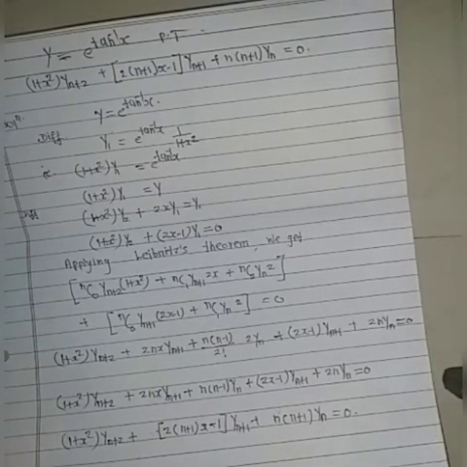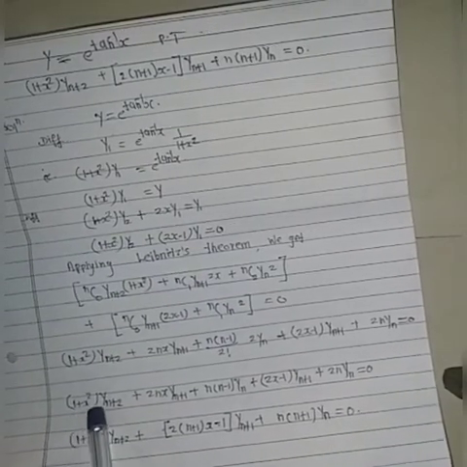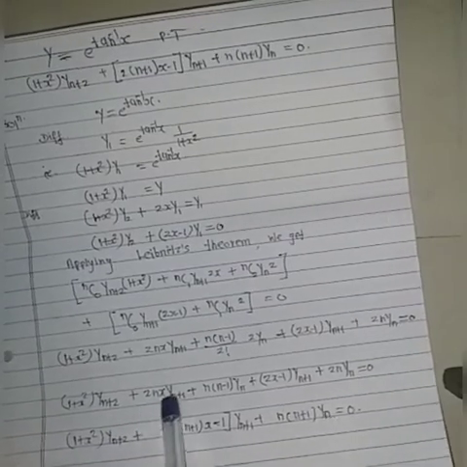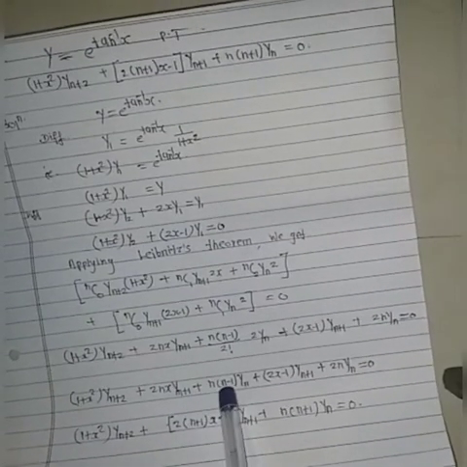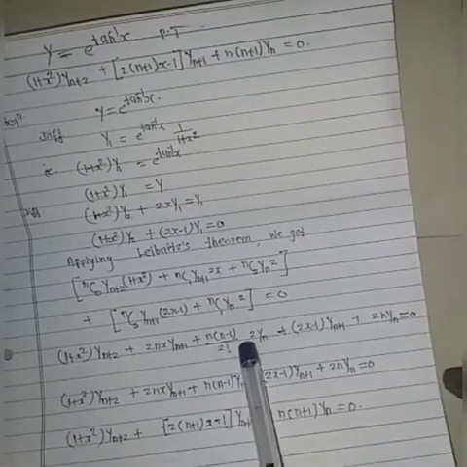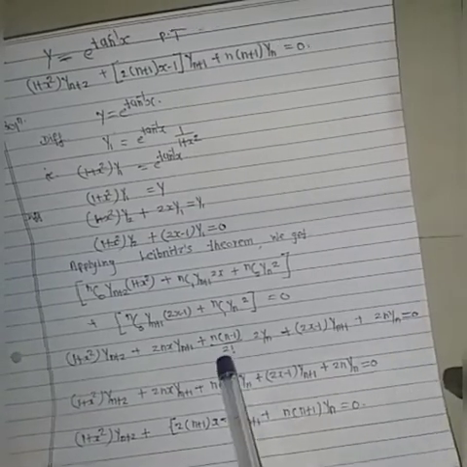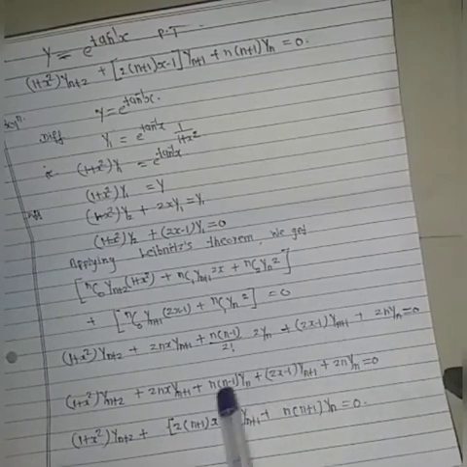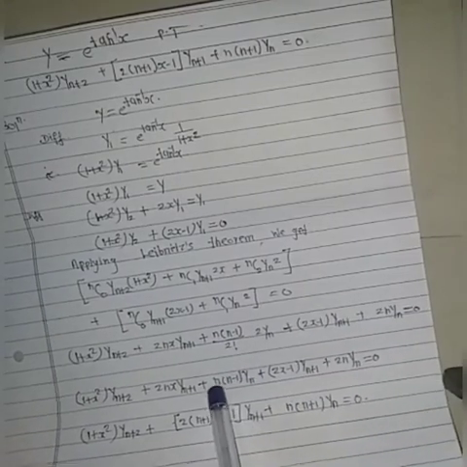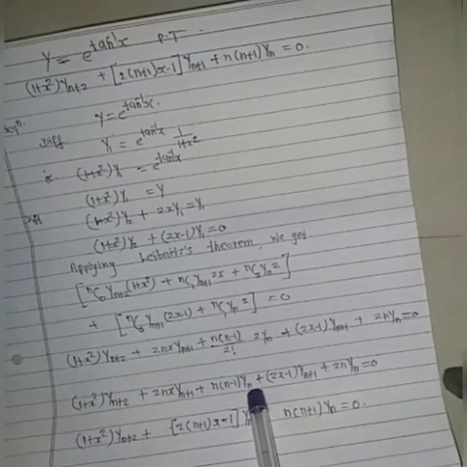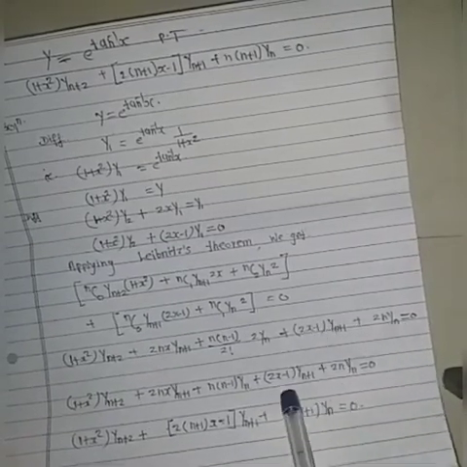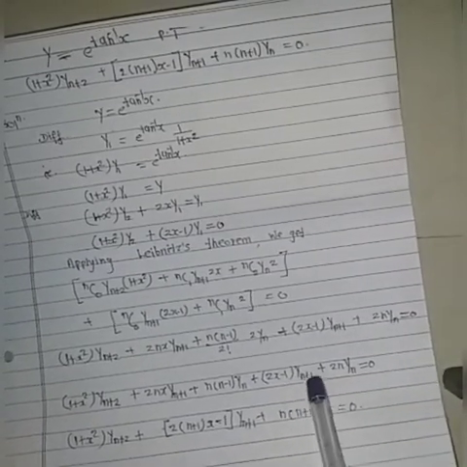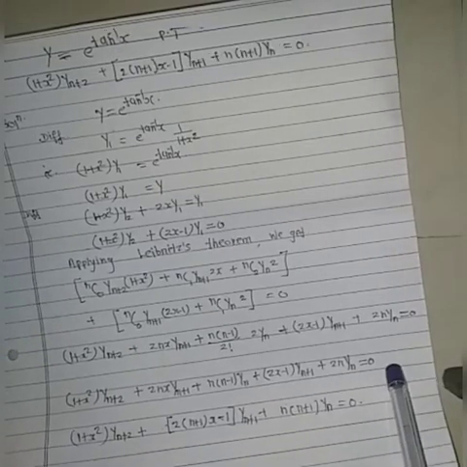Now we simplify this term, so that we get (1 plus x square) y(n plus 2) plus 2nx y(n plus 1) plus, here there is yn, the 2 cancels, we get n square minus n plus 2n, so that we get n square minus n, that is n into (n minus 1) yn, plus (2x minus 1) y(n plus 1) plus 2n yn equal to 0.